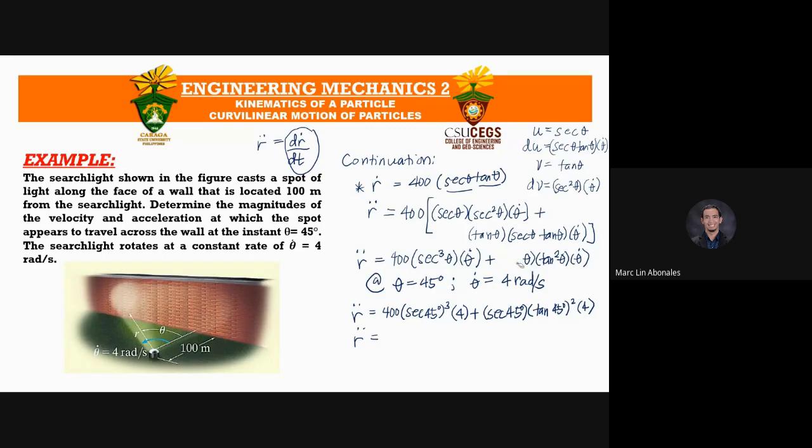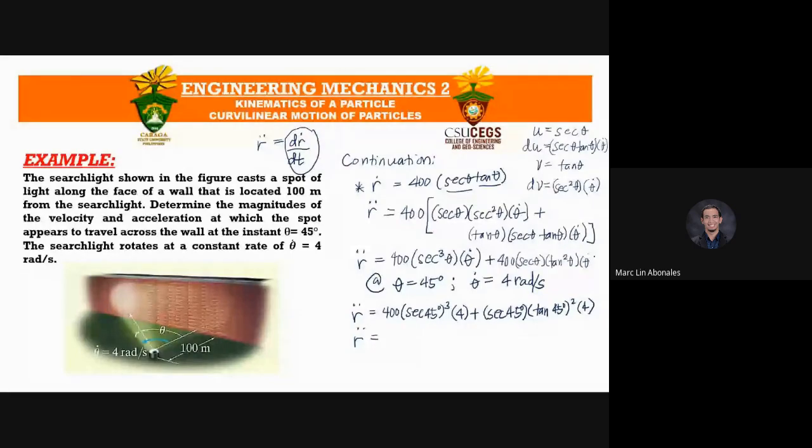Every time you solve, when you compute, you always check your solution. Maybe you did not apply or multiply the other term. In the second part, we did not multiply the 400. So the second term is theta tangent squared theta dot.